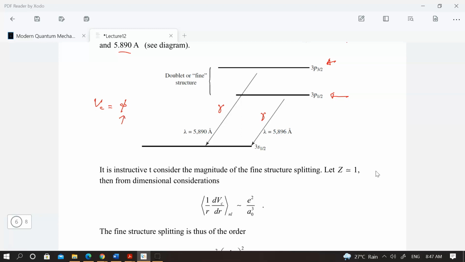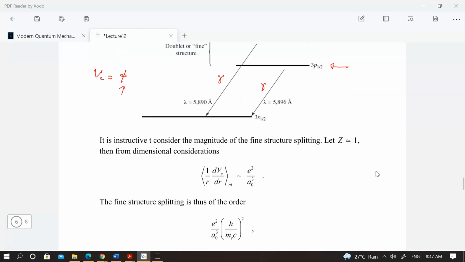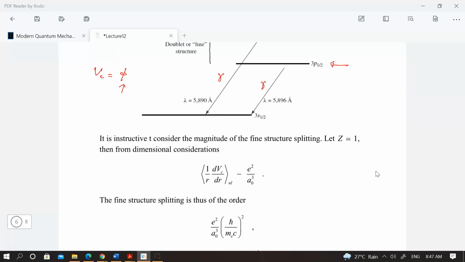But in order to give you some idea what's involved, we will look specifically at the case of the Coulombic potential. Okay. But before that, just to give an idea of order of magnitude of what's involved in the splitting.